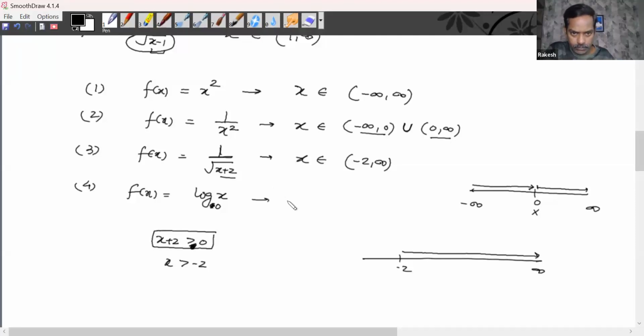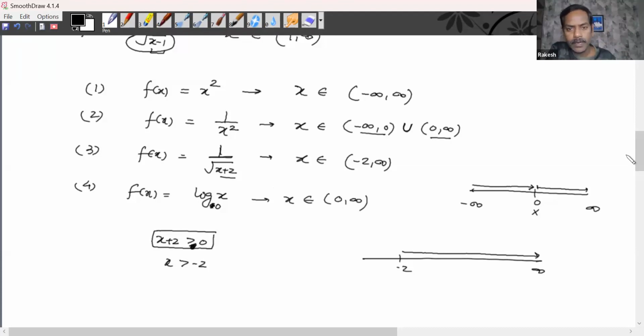So in this case, x will take all values from 0 to infinity, excluding 0, because I'm taking open bracket. I hope you have gone through the video of, I think, inequalities, wherein I have taken this concept of what is open bracket and close bracket, right? So this is all about domain.